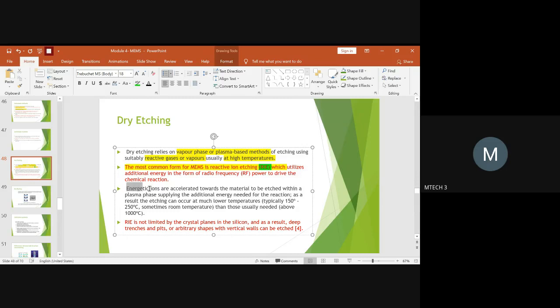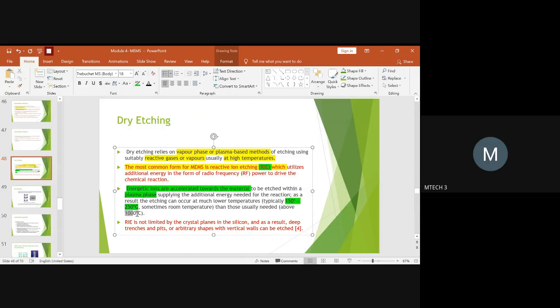Here the ions are accelerated towards the material by means of a plasma phase. When it is subjected to a high temperature, nearly between 150 and 250 degrees, the etching takes place. For some materials you might need still higher temperature.